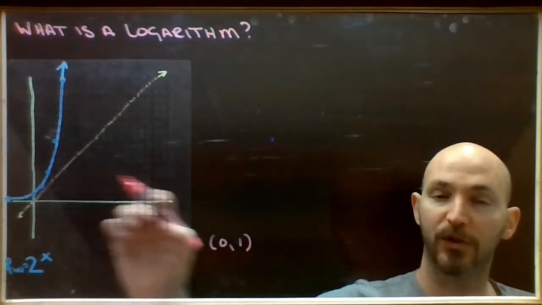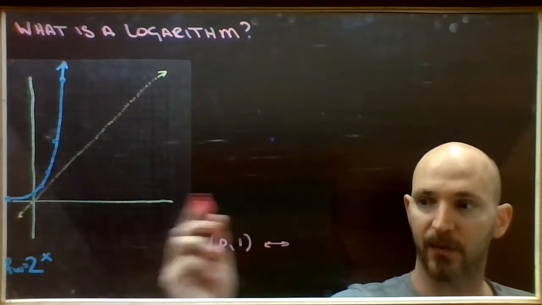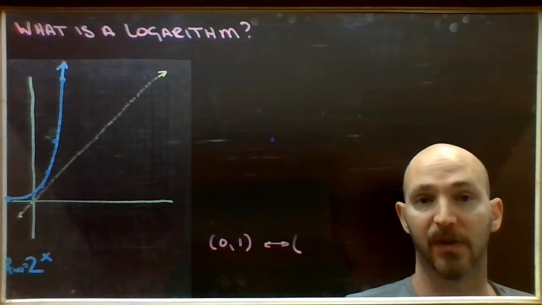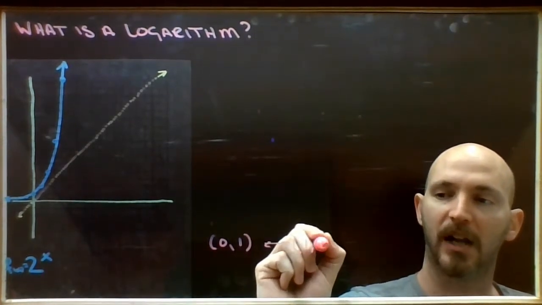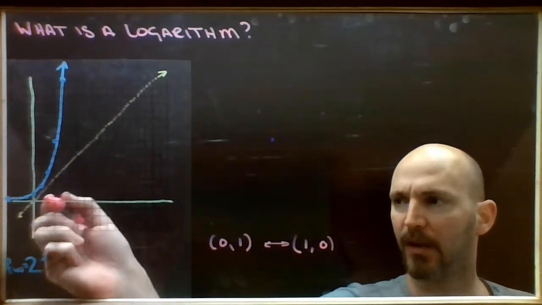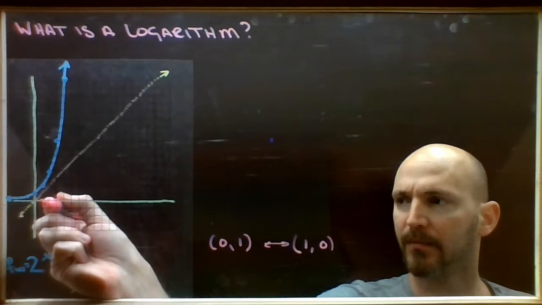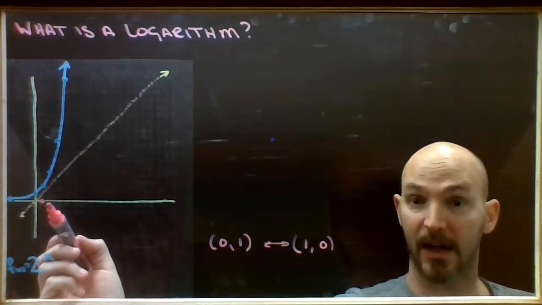In order to reflect it across the line y equals x, all I have to do is reverse the coordinates. So instead of 0, 1, I'm going to do a dot at 1, 0. So 1 on the x, 0 on the y would be here. See how this dot is now here.